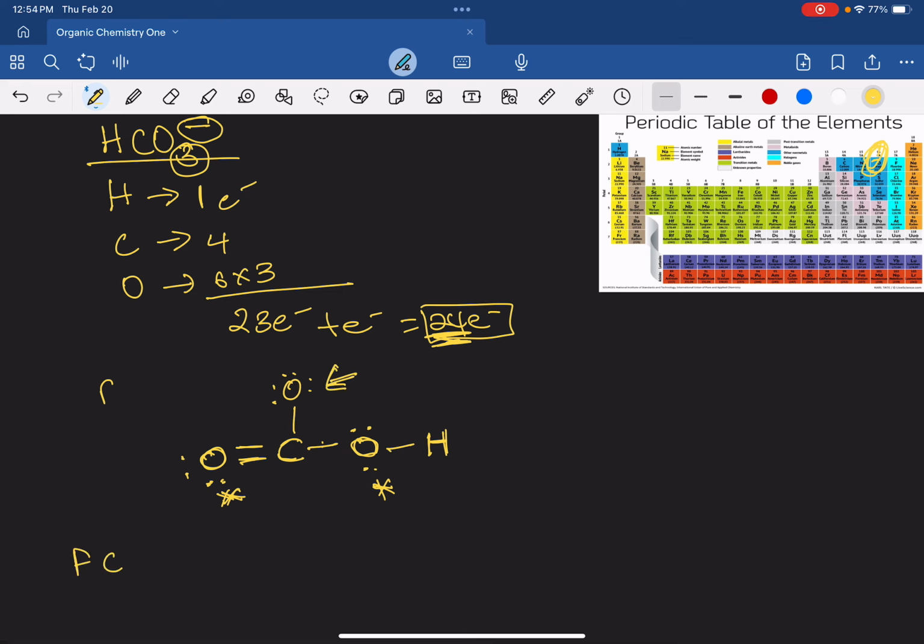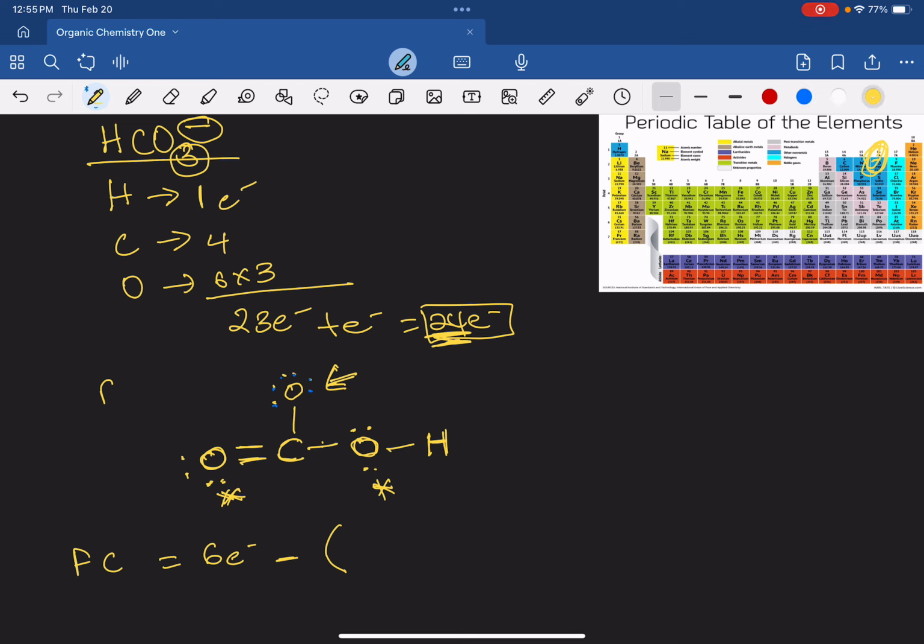So FC is equal to the number of valence electrons in the atom in question. The number of valence electrons in oxygen is 6, right? Minus the number of unshared electrons on that oxygen. Let's look at the number of unshared electrons on this oxygen: 1, 2, 3, 4, 5, 6.